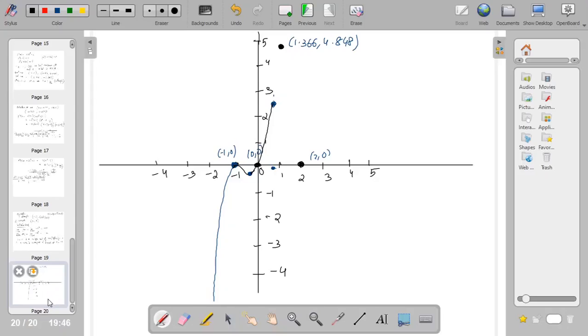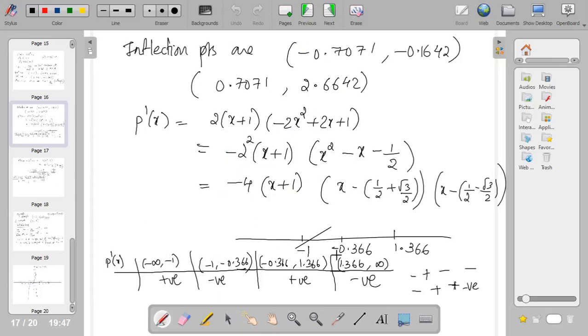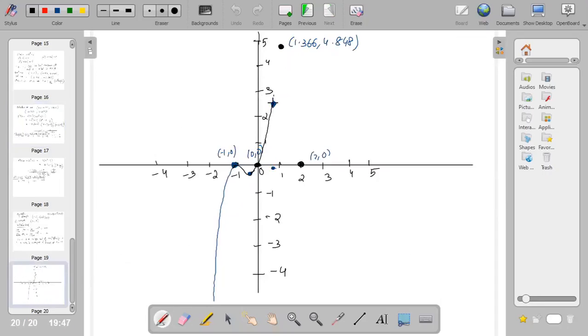Again, (1.366, infinity). So up to 1.366 it is increasing, so it will be increasing this way. When it reaches here it will attain the peak value. This is an inflection point, and from here the concavity changes. Now it is decreasing, and it will reach 2, and it will decrease. Sorry, there is a little mistake.